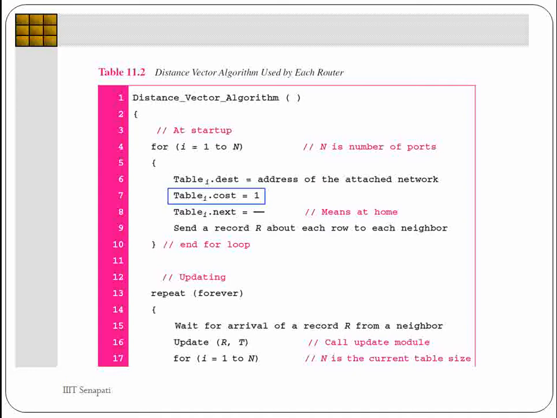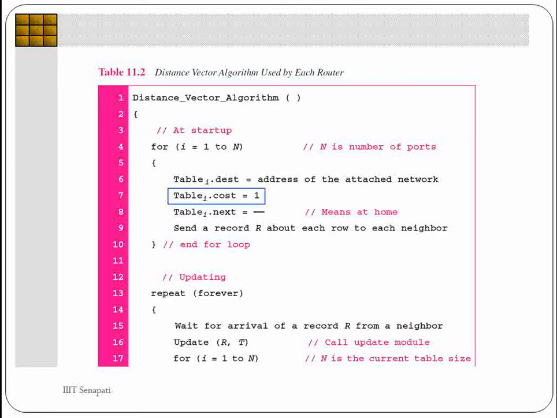That is the only thing. Whatever the costs of the neighbors available at the current distance, it will adjust its own table according to the values of the neighbors.